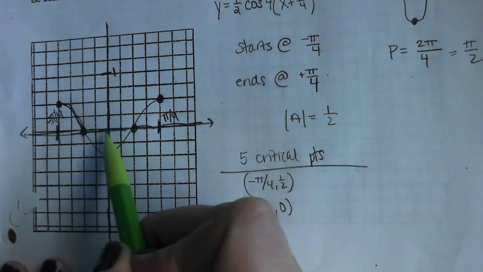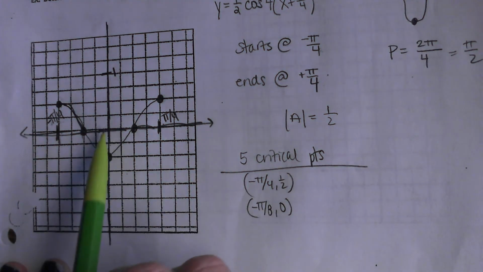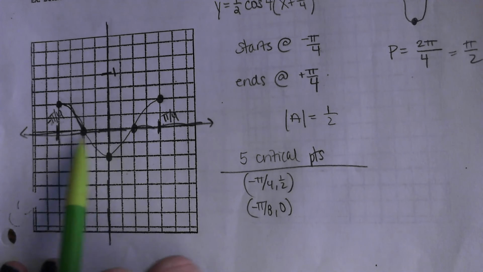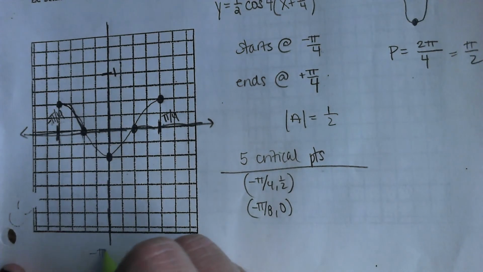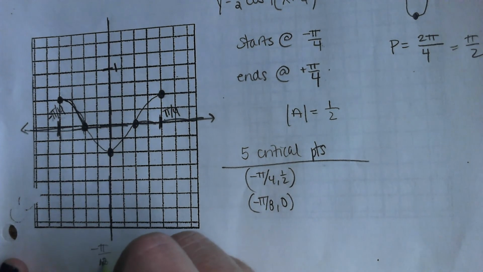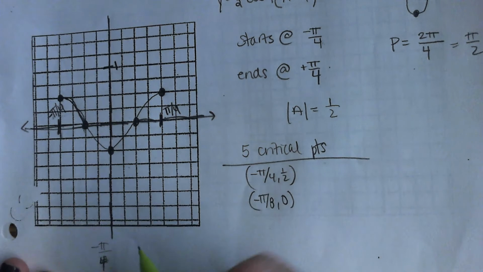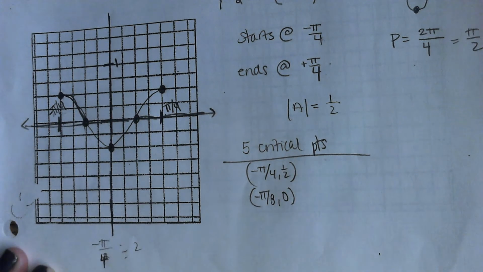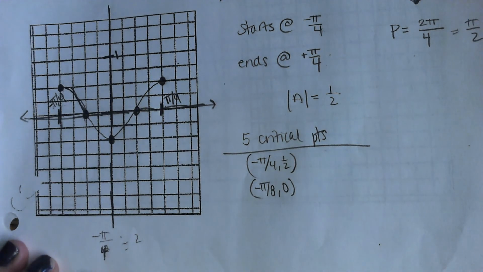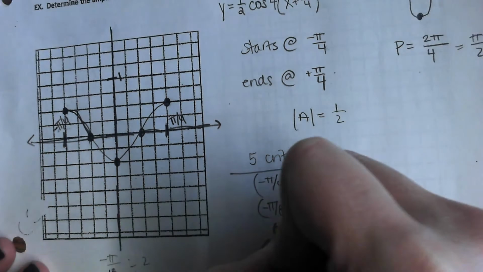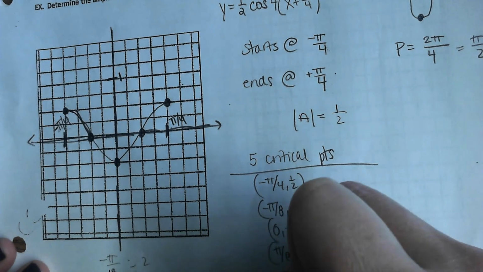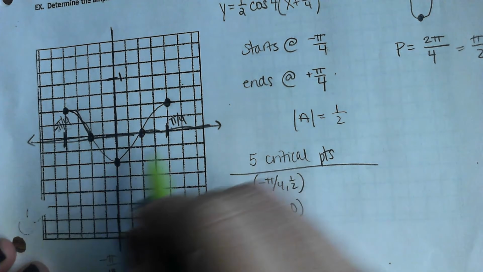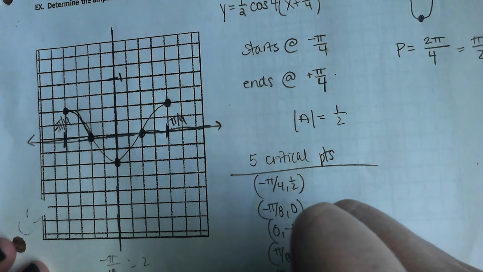So he just split this difference, -pi/4, which is this amount of space, in half. -pi/4 divided by 2. Again, when you divide a fraction by 2, you simply double the denominator. Then we have 0, -1/2, and then +pi/8, 0, and then +pi/4, 1/2.